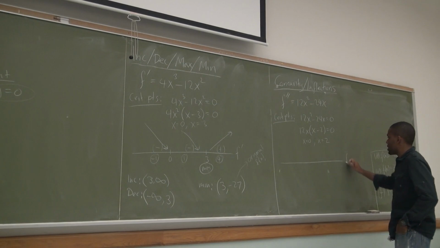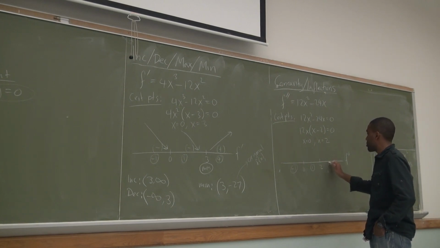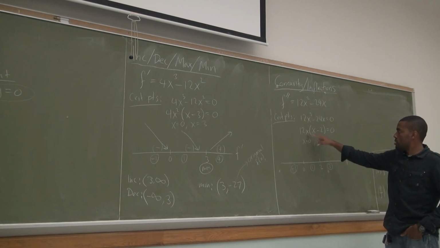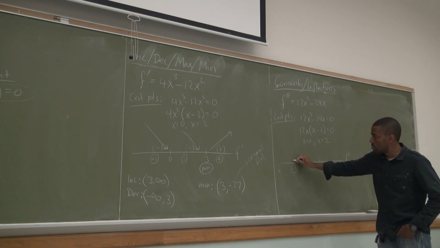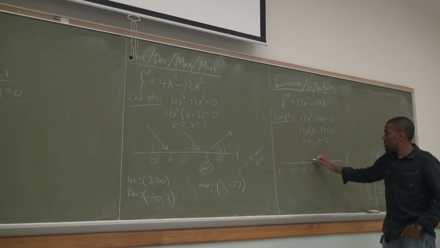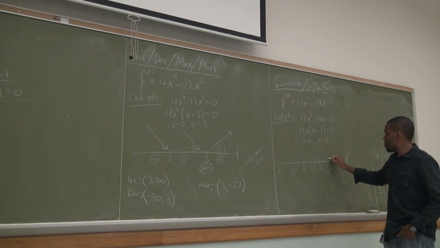I'm going to test those in the second derivative. Plug in minus 1, plug in 1, plug in 3. Minus 1 here, this is negative, so this gives me a positive. 1 here, positive, negative, this gives me a negative. 3 here, I get positive.